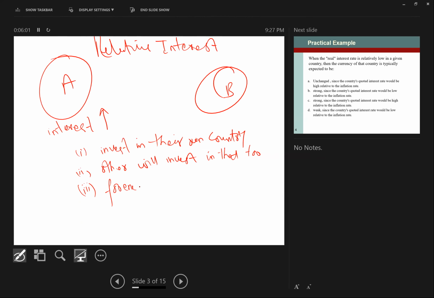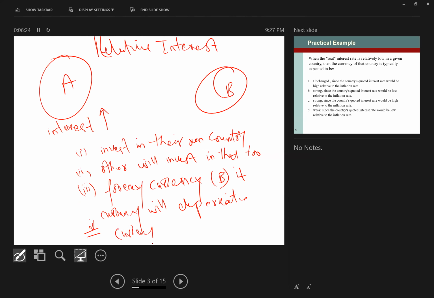You can say that the foreign currency, in this case country B's currency, will appreciate, and currency A will depreciate.